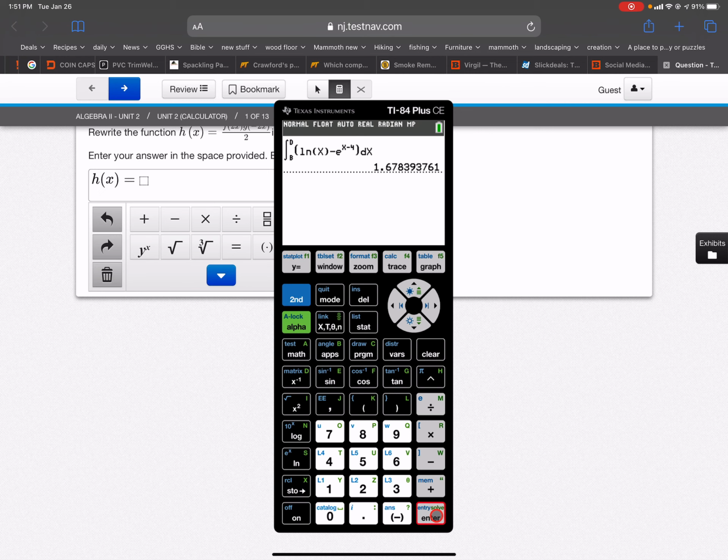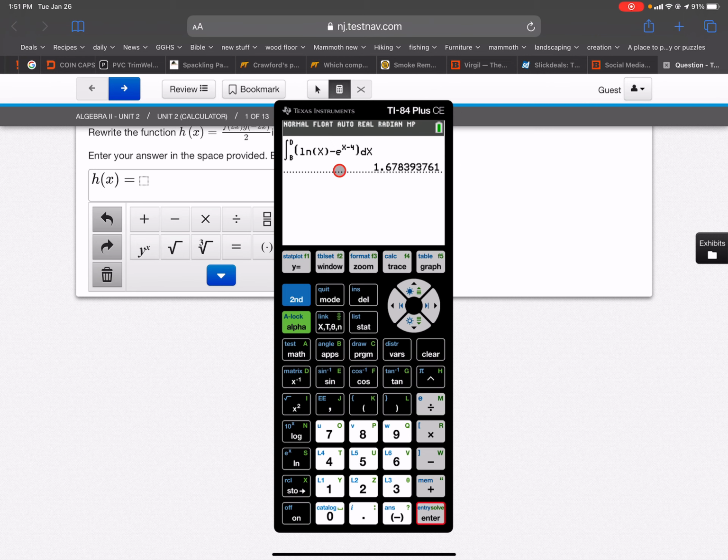And there's our answer. Wait, something doesn't look right. Let me double check. I had a different answer earlier, and I want to make sure I did this right. ln of x, e to the y minus 4. My b's and d's could be different.